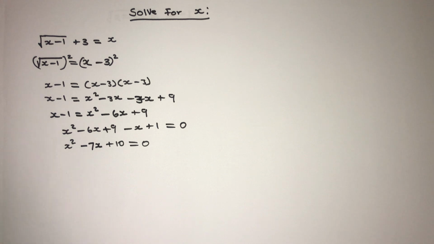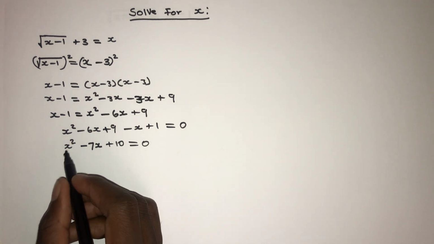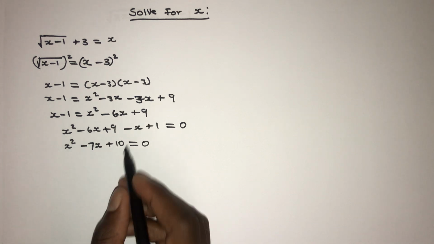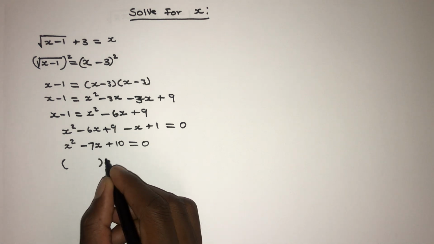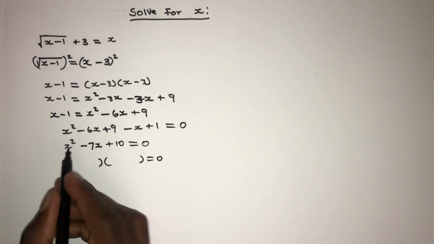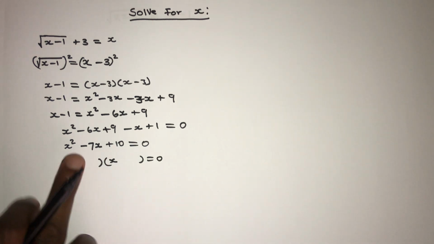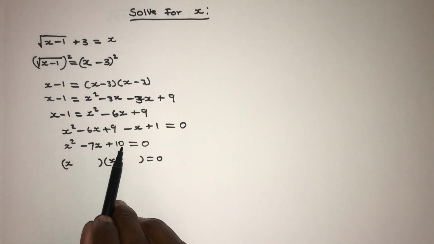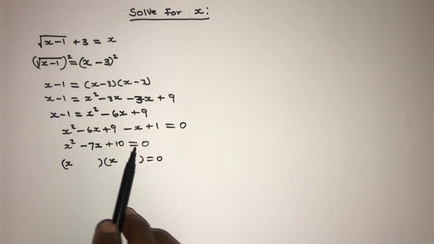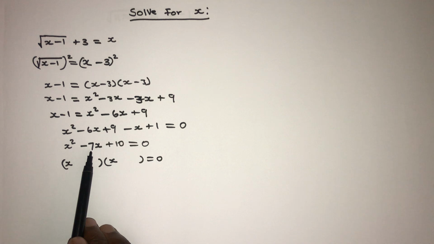Since we are now in this situation, we are looking for the products of x squared and the products of 10. For x squared, we have x and x, so x times x gives us x squared. Then let's look for the products of 10. These are numbers that, when we multiply them, give us 10, but when we add, they must give us 7.